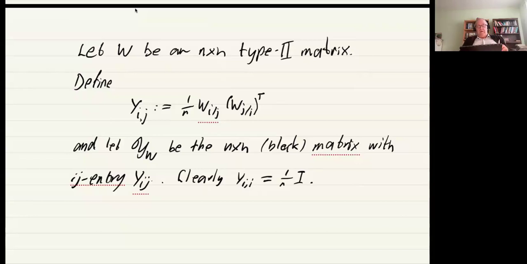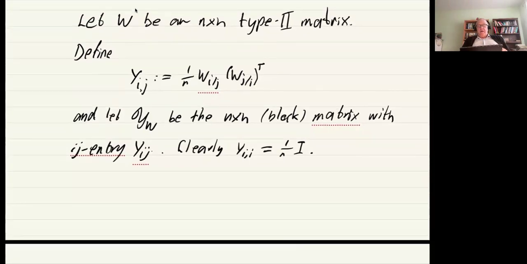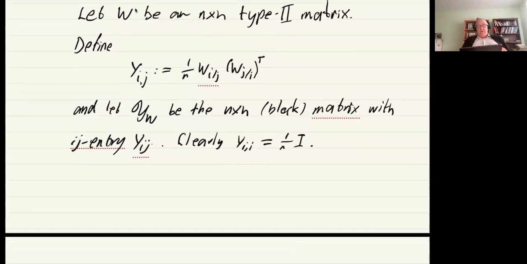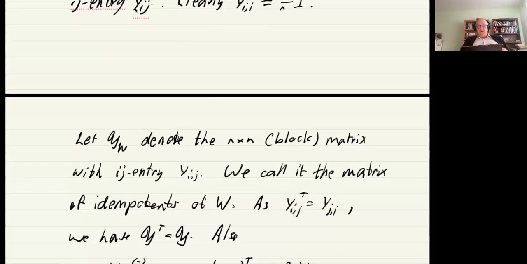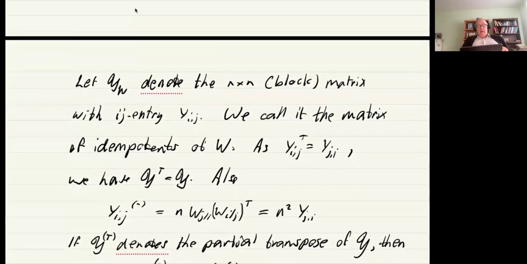Okay, so I have an n by n matrix of idempotents, and since we've been working with quantum permutations, that sort of situation shouldn't cause any problems. So I'm going to call the matrix that I get in this fashion script y sub W, and I call it the matrix of idempotents.